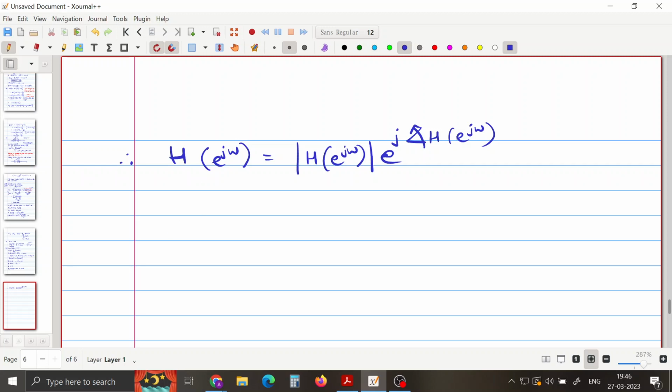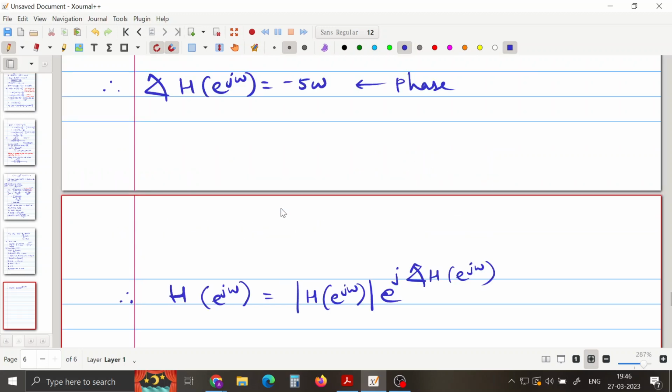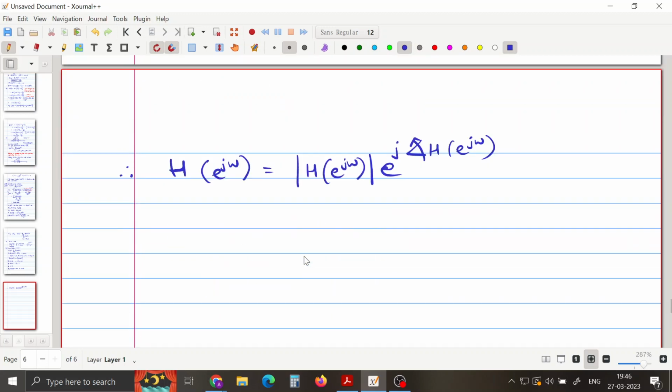And now we just saw that this phase is minus 5 omega. So this is nothing but the magnitude times e power minus 5j omega.